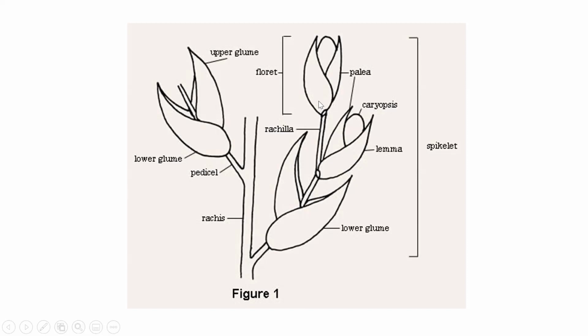So generally all grasses will have that as the kind of smallest unit, and then you might have several of those stacked together, and they will sit inside two other husks, which are called the glumes.